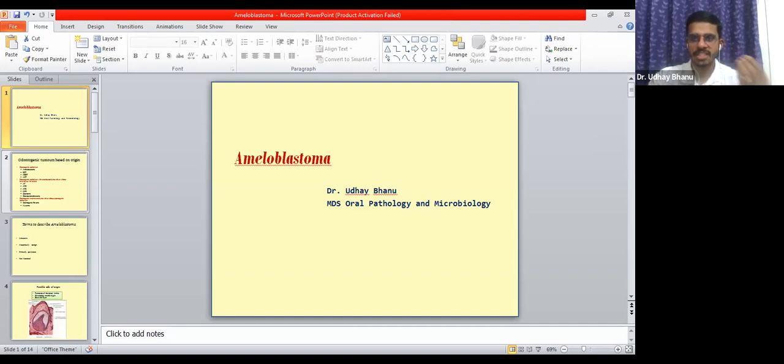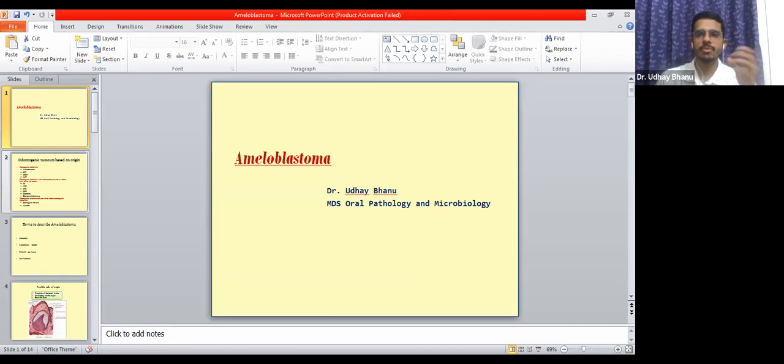That means the cells will resemble a tooth bud or an enamel organ, but it will not be able to produce any hard tissue component. So these are the terms that describe an ameloblastoma: unicentric, anatomically benign, clinically persistent, and non-functional. Okay, so now we have understood the basic criteria to elaborate on the lesion.